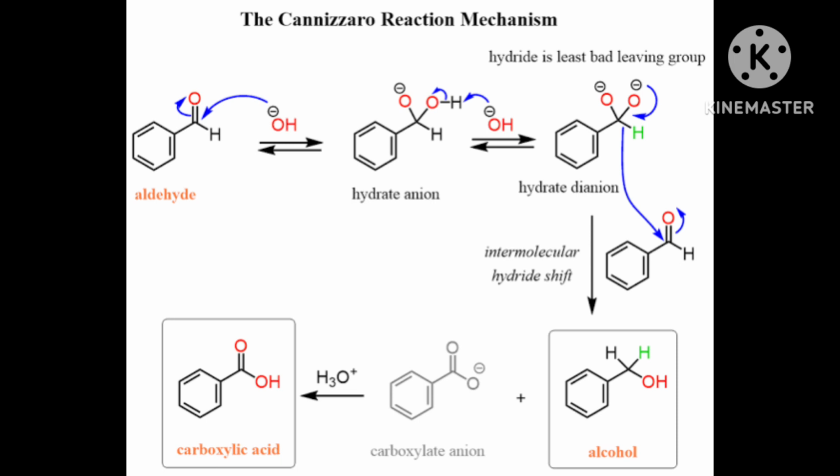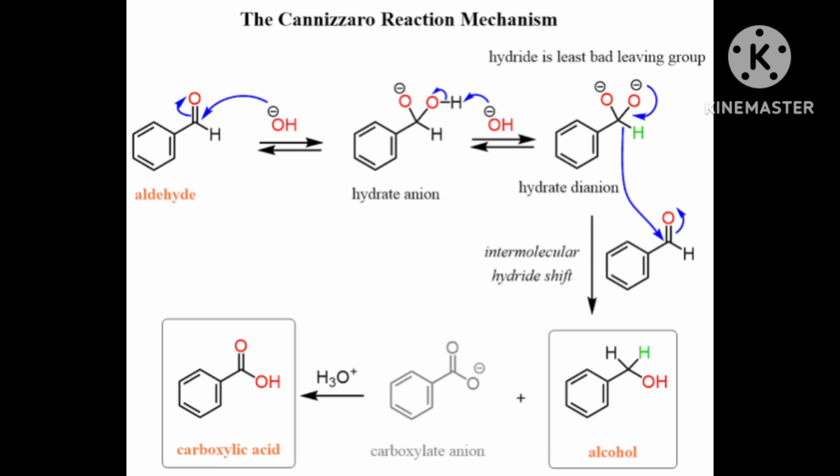And one H came out as H plus. Now the second H will also come out. One H came from the OH of the first formaldehyde molecule. Then now the oxygen is developed with two negative charges. And one H will also come out from the first formaldehyde only.